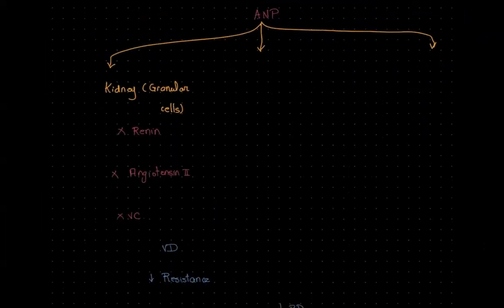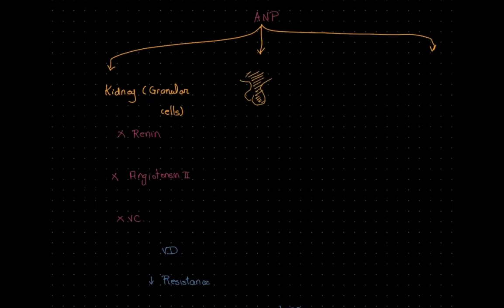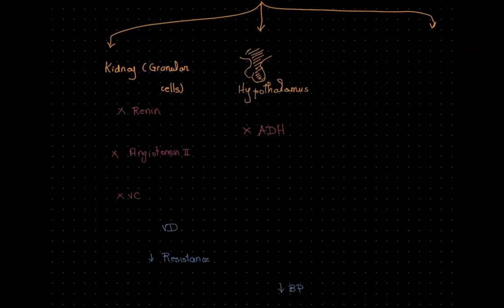The second target organ on which atrial natriuretic peptide is going to be acting is going to be the hypothalamus and posterior pituitary gland, by preventing the release of ADH, antidiuretic hormone.